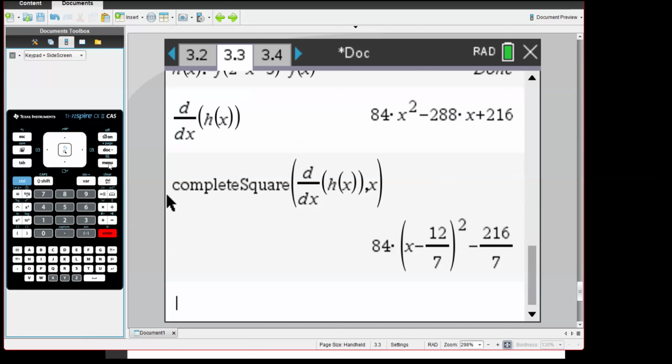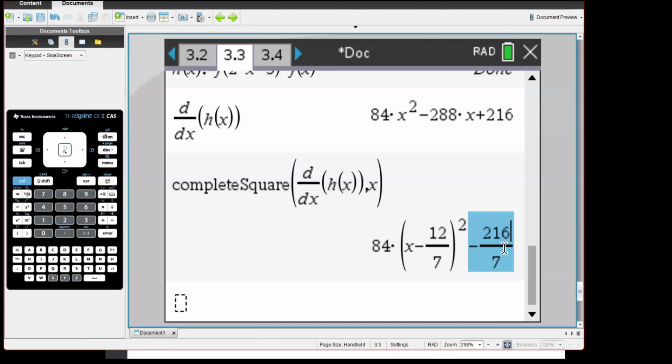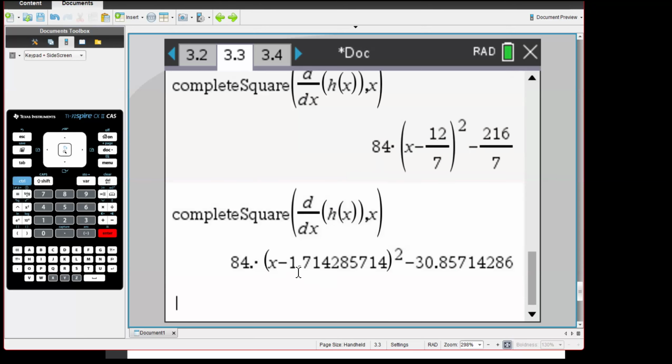You get that. So you can see when x equals 12/7, the minimum gradient is minus 216/7. But to find the point on the original graph, I have to slot this value back into h of x. And then, yeah, that's pretty much what it is. And if you look at the decimal number, this is 1.7 something, okay?